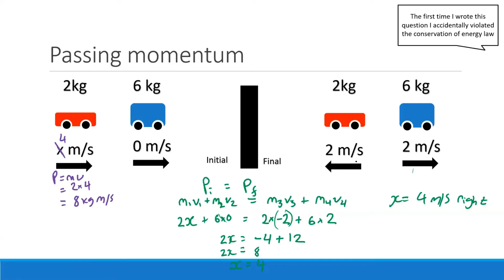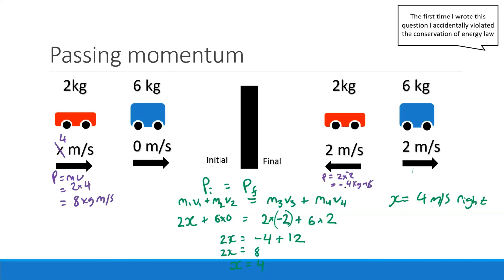But at the end, we've got 2 times 2, so P equals negative, because that's in a negative direction, negative 4 kilogram meters per second.